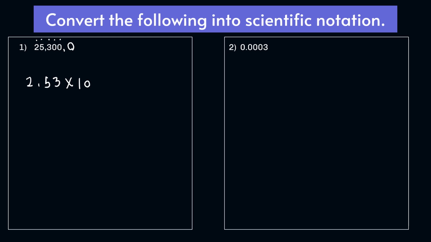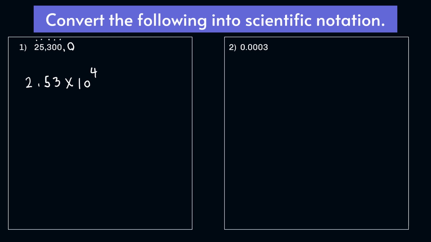So I'm going to have 2.53 times 10 to the 4th. Let's make that 2 a little bit nicer there. All right, so my second example here, and you can check that in your calculator just in case if you want to be 100% sure of that, if you're not as confident in scientific notation.